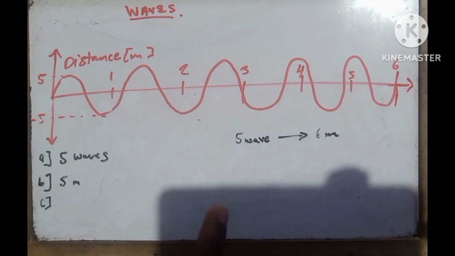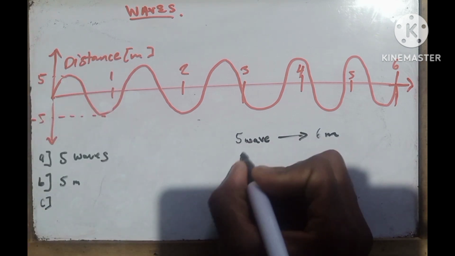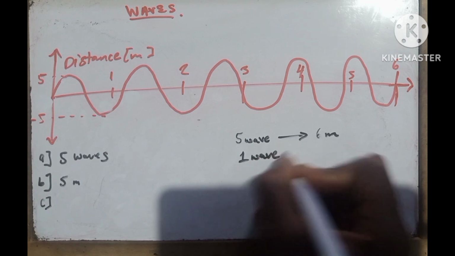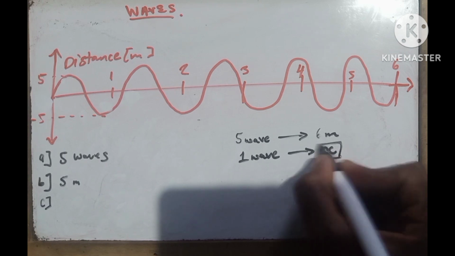And remember, the wavelength is the distance that one wave has. So what would be the distance for one wave? And that is going to be our x.